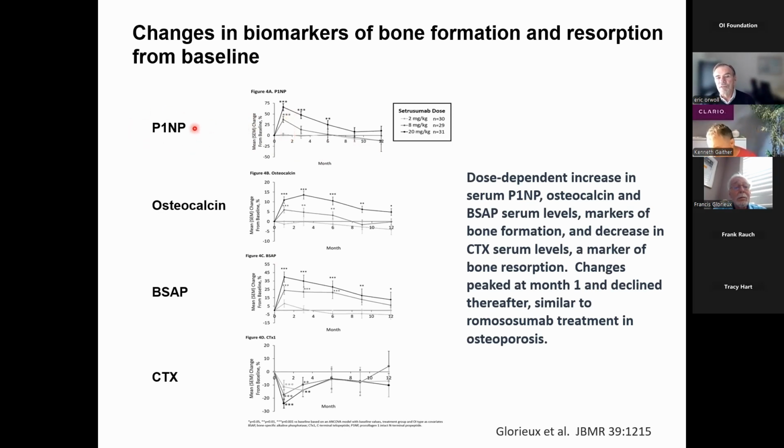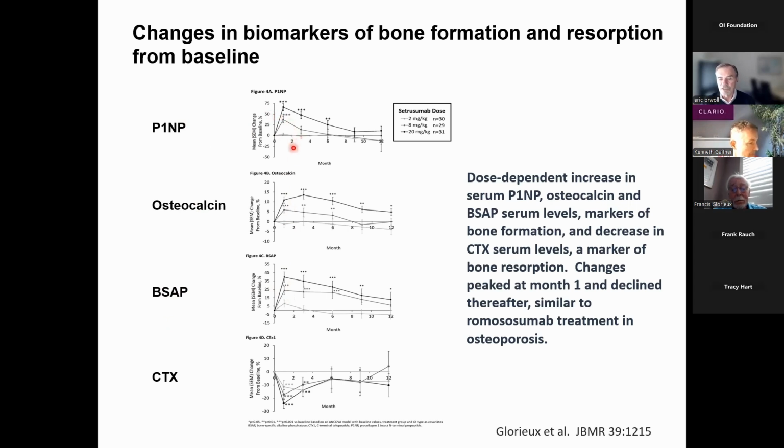There are 3 biochemical markers of bone formation: P1NP, osteocalcin, and bone-specific alkaline phosphatase. And you can see that they all had the same pattern: a dose-dependent increase in markers of bone formation.